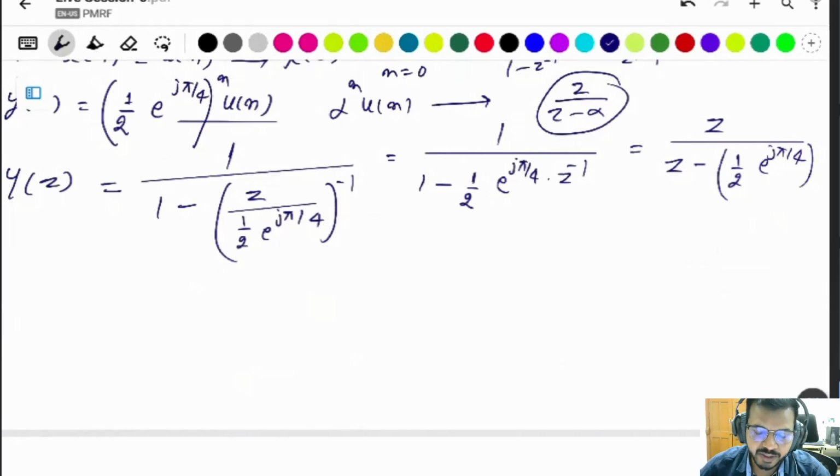Next one is time reversal. If u1 will be x of minus n, then what happens in the z transform?